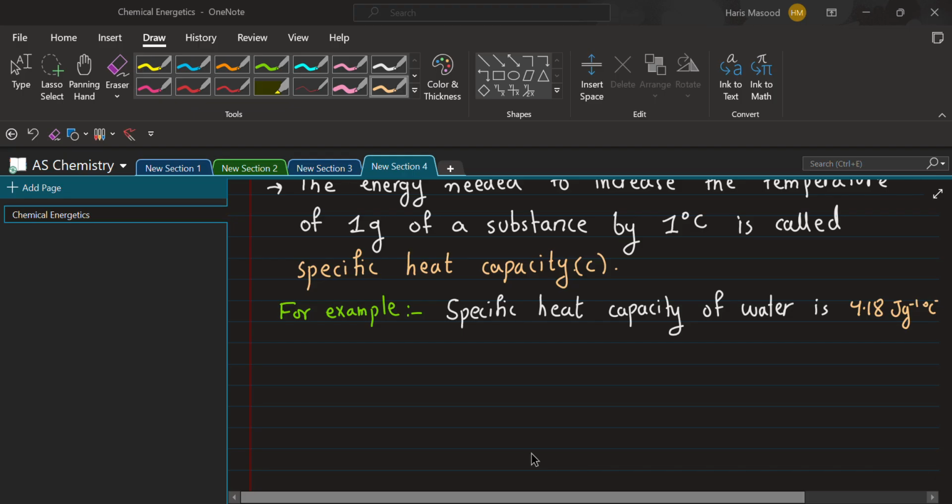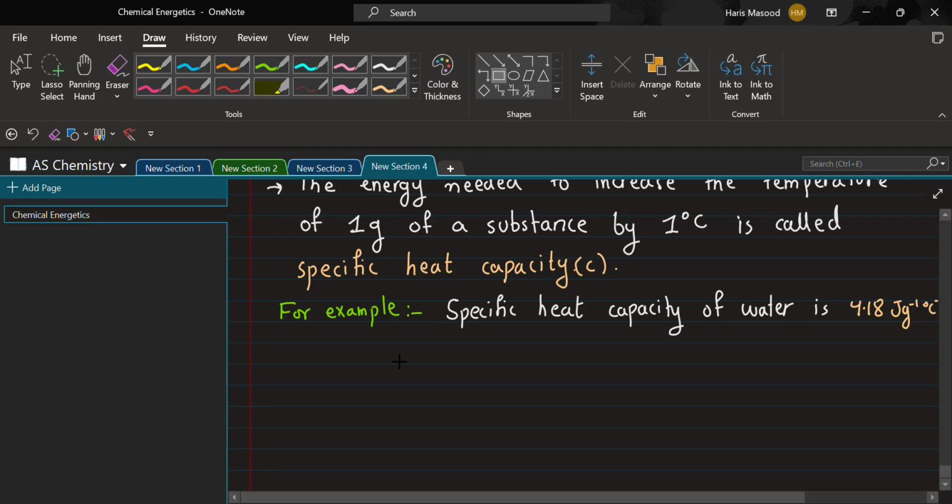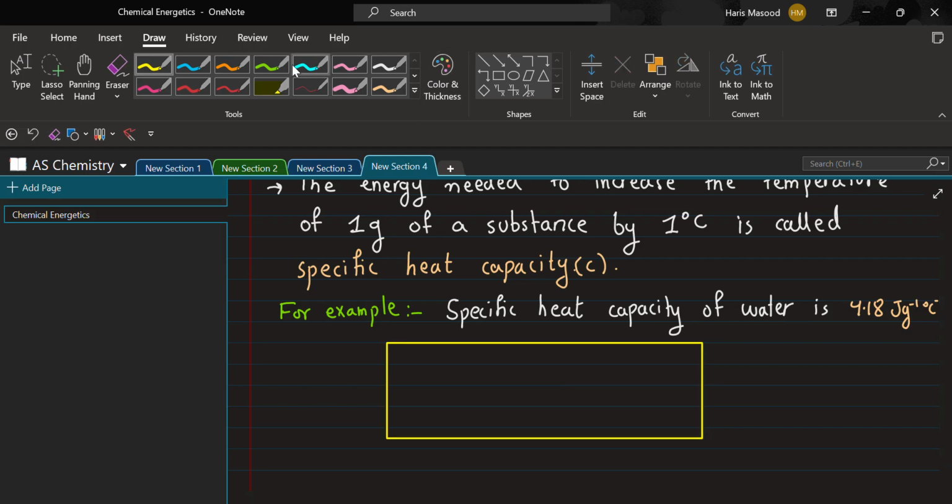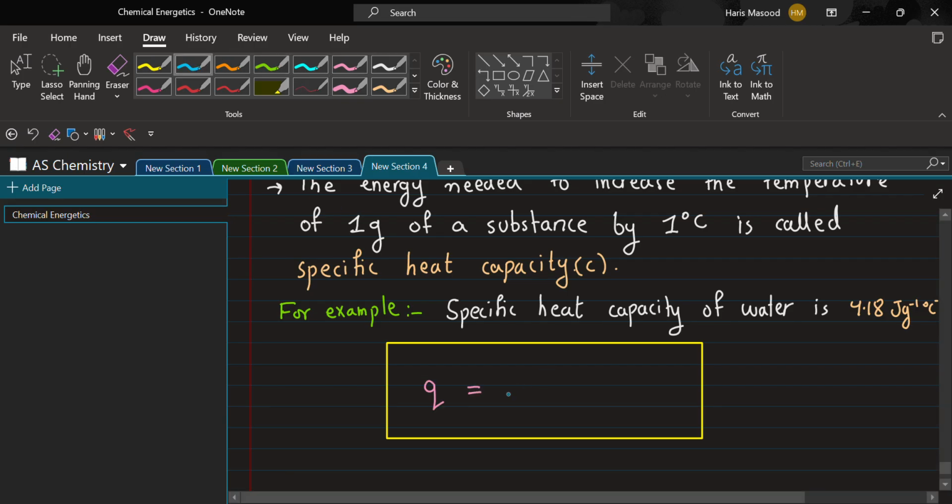Okay, so for that we have the formula, that is, first we will be using this formula, Q is equal to M, then you have C, then you have delta T. Okay, first we will be using this formula.